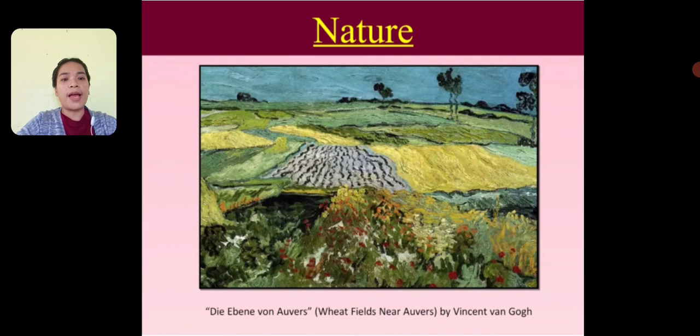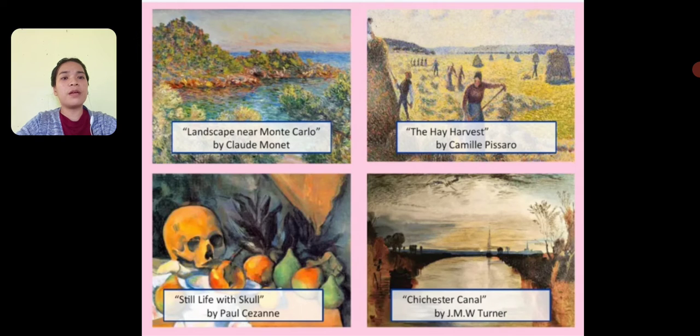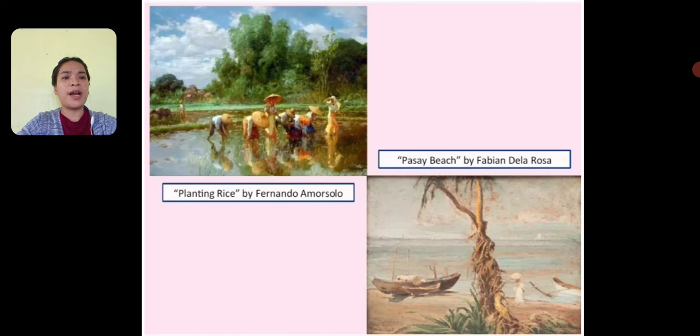Examples: Wheatfields near Auvers by Vincent van Gogh, Landscape near Monte Carlo by Claude Monet, The Hay Harvest by Camille Pissarro, Still Life with Apples by Paul Cézanne, and Chichester Canal by J.M.W. Turner. Also Planting Rice by Fernando Amorsolo and Pasay Beach by Fabian de la Rosa.